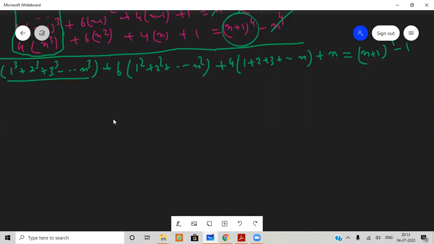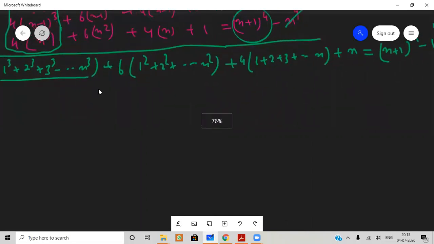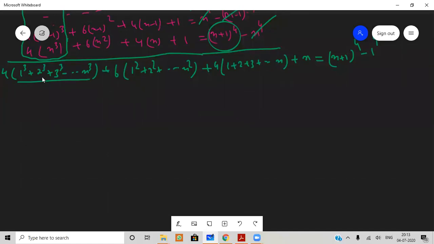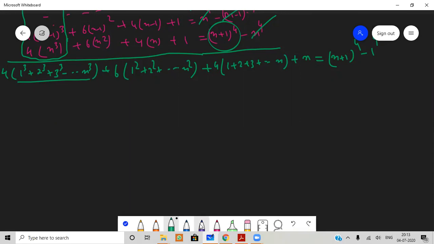The first thing in here, yes, 4 times sigma n cube, summation n cube, plus 6 times sigma n square, plus 4 times sigma n plus n.